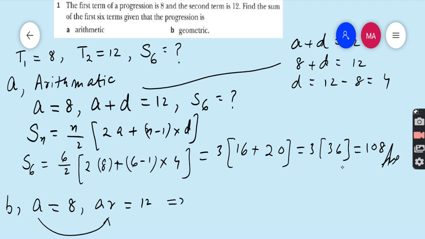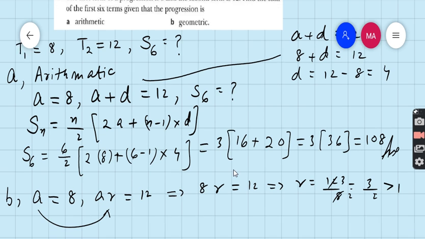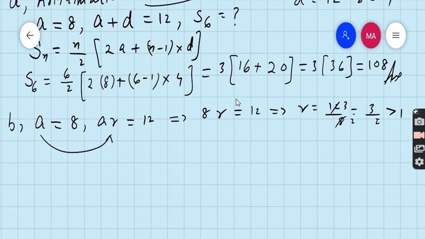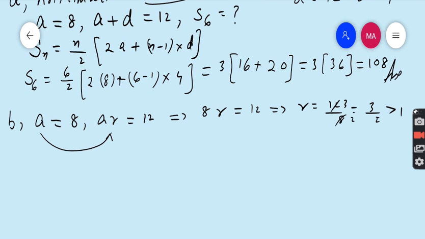A is 8, 8 into r is equal to 12, which implies that r is equal to 12 upon 8. Then 4 3s are 12, 4 2s are 8, so r is 3 upon 2, and 3 upon 2 is greater than 1. So we have to use the formula of the sum of a geometric series when the value of r is greater than 1.